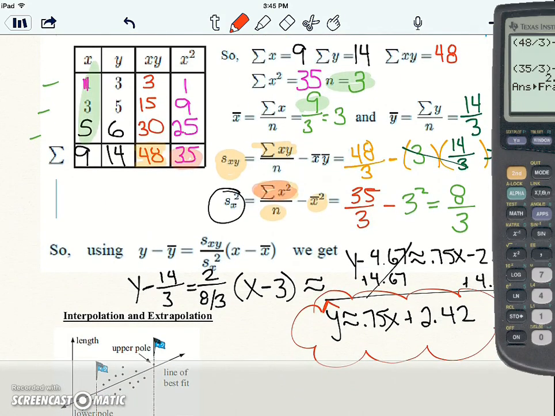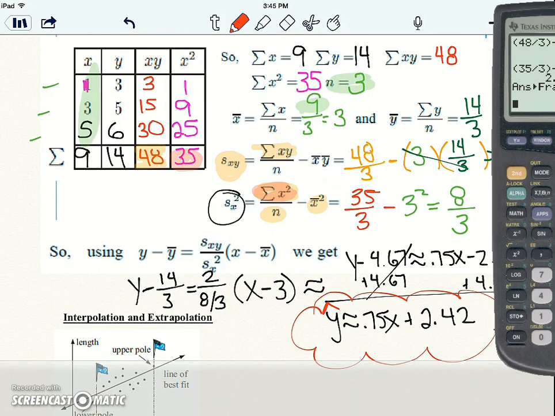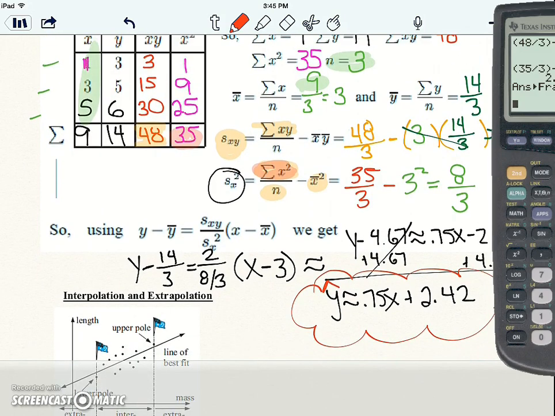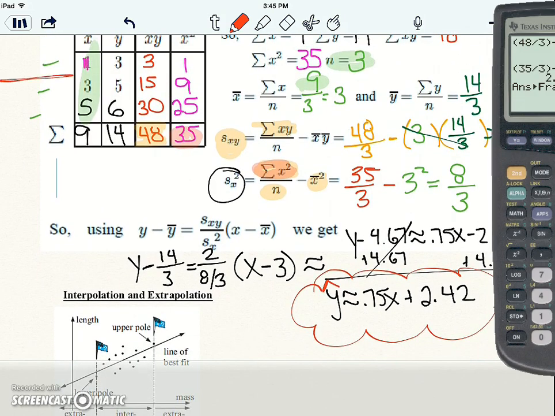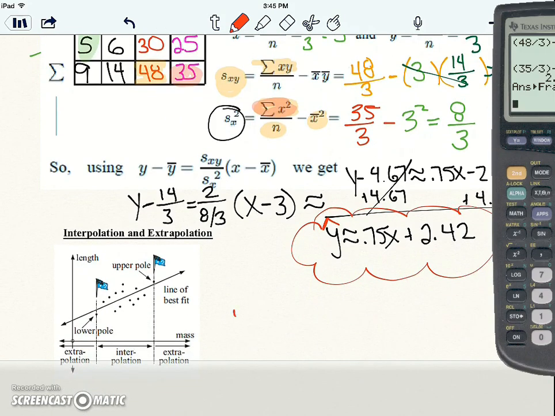and no wonder this wasn't going to fit our original data. What if I wanted to predict the value of y when x is 2? Because we don't know that. We know it when it's 1 or 3. I'd plug it in and I'd say I want to know the value of y when x is 2.